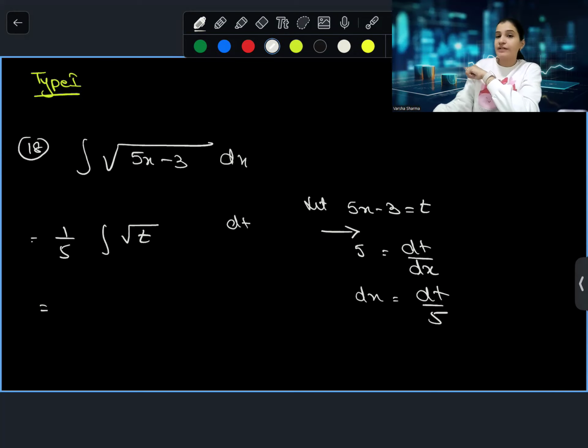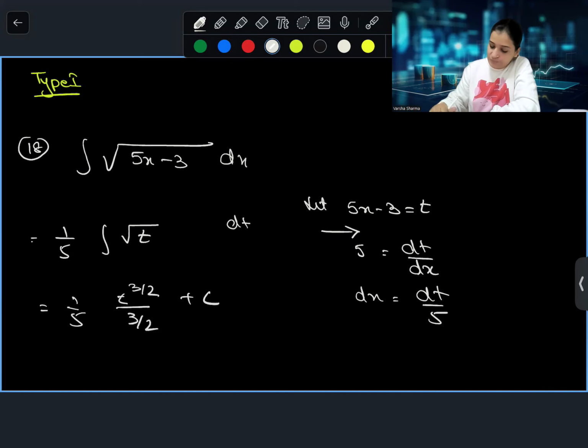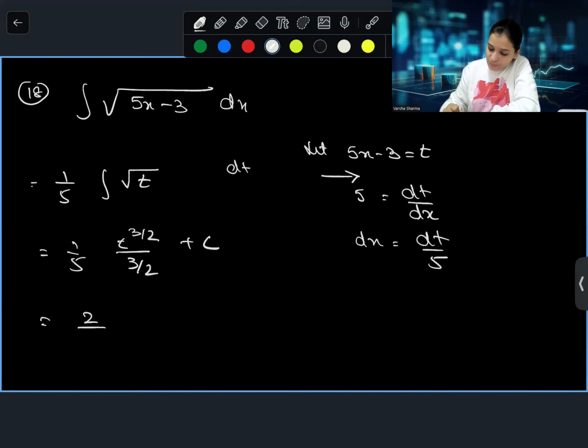Reason being, whatever you assume as t, we have to differentiate it in order to change dx into dt, and we bring that term below dt while substituting. That is why while applying integration, we use the chain rule term in the denominator. Then it becomes t power 3 by 2 by 3 by 2, so that is 2 upon 15, 5x minus 3 to the power 3 by 2.